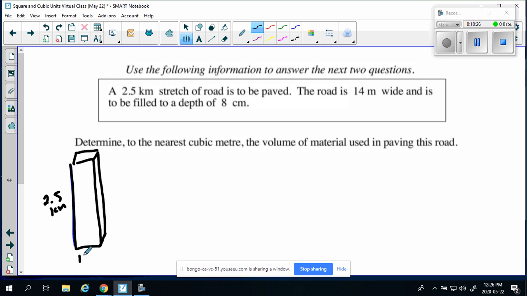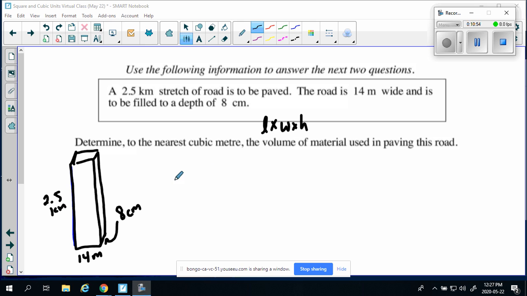Okay, so this is 14 meters. And then the depth of this is 8 centimeters. So if you're asked to calculate the volume of something like this, it's essentially a box. So the volume should be the length times the width times the height.